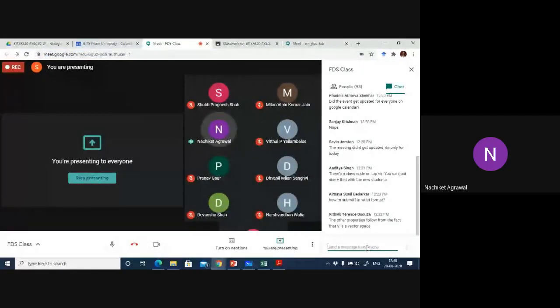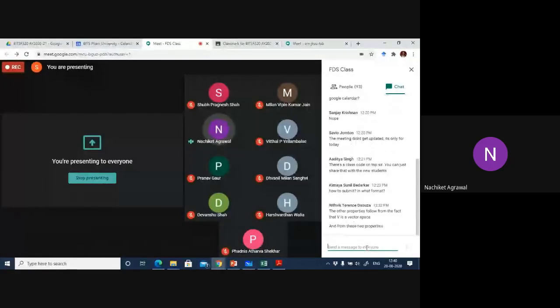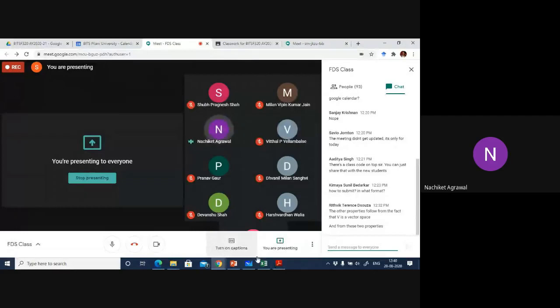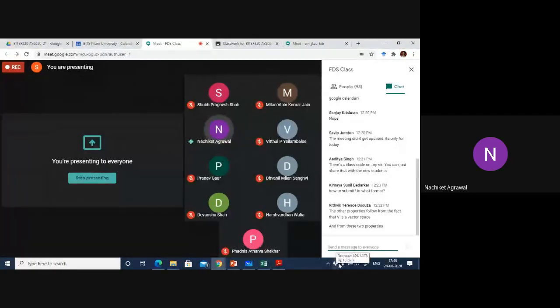Because if A and B are elements of W, then they have to be elements of the original vector space, so they will satisfy all the properties of that vector space, which we know is a vector space. Correct. V is a vector space.